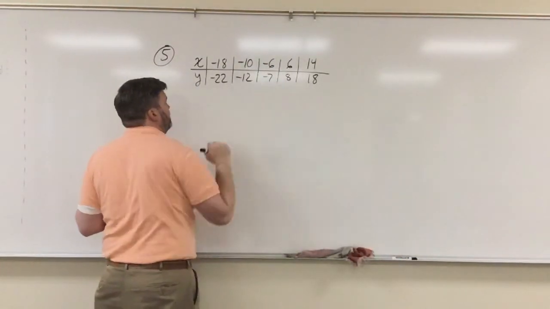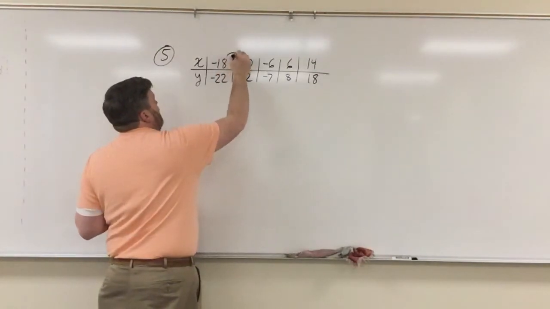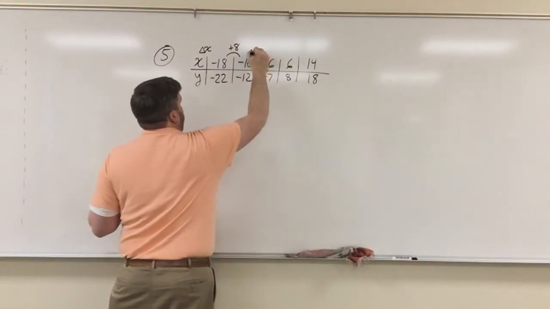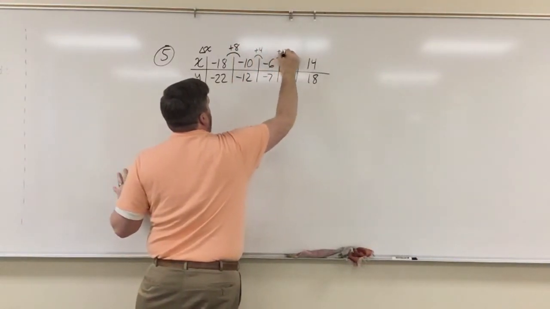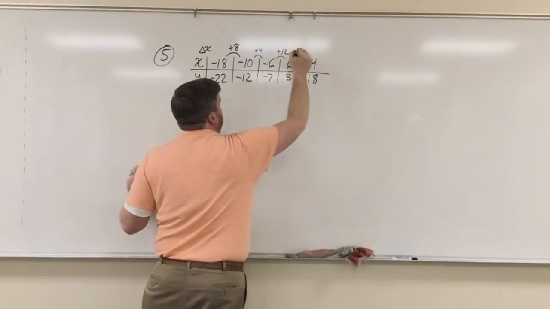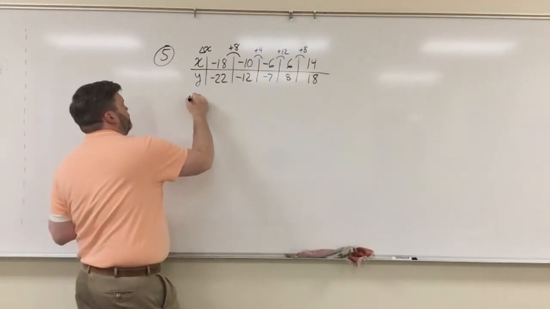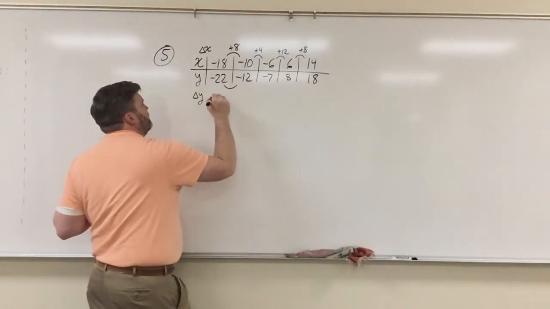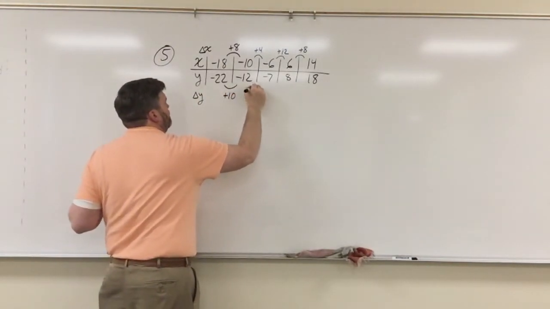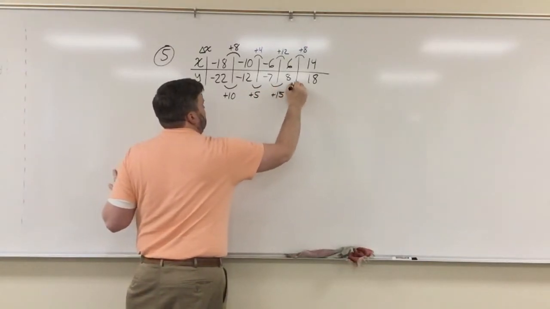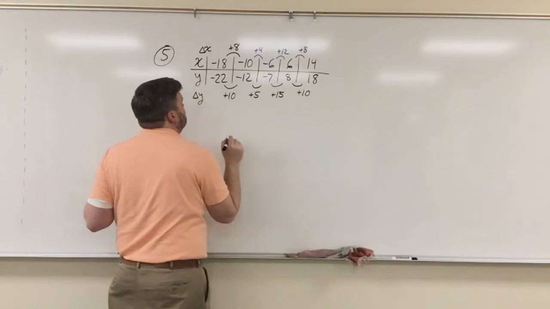I didn't give you the x value of 0 one time. That's kind of mean. Let's look at change of x. That's plus 8, that's plus 4, plus 12, and plus 8 again. Change in y. It's plus 10, plus 5, plus 15, and plus 10.